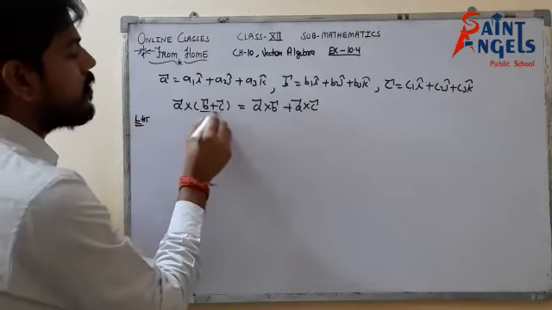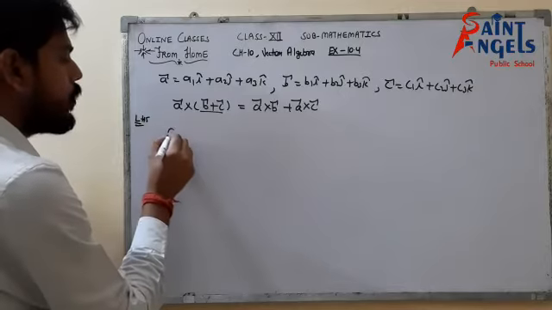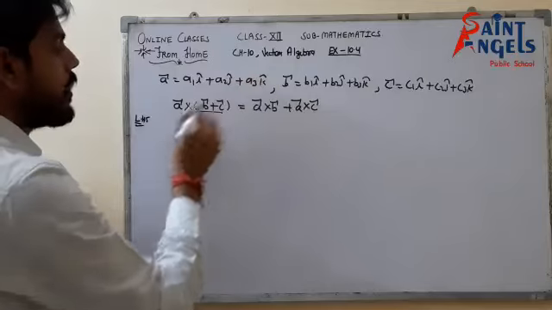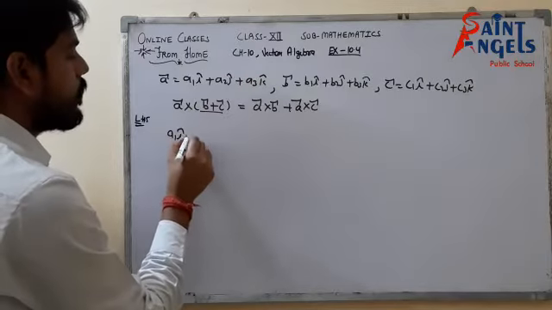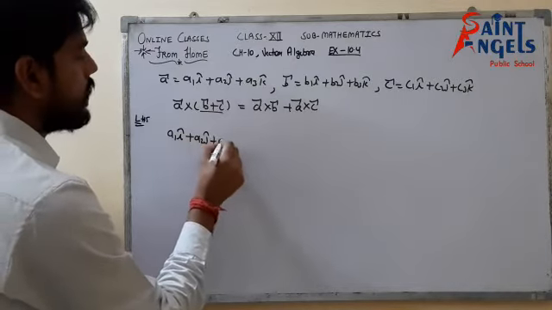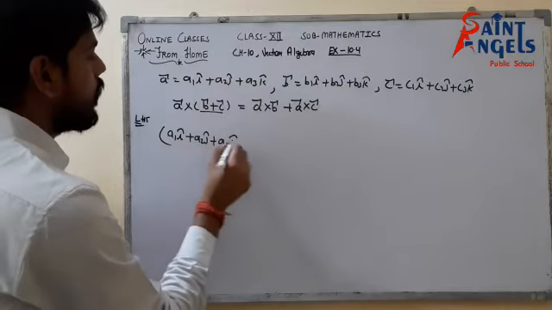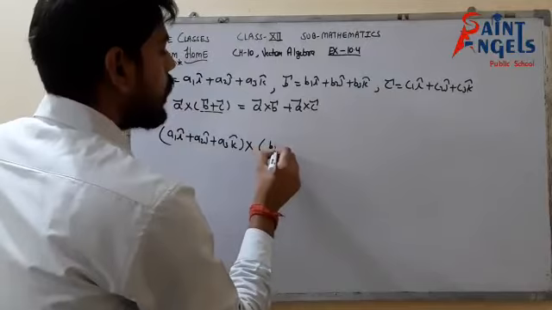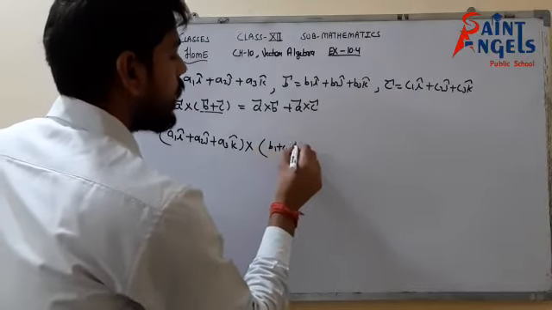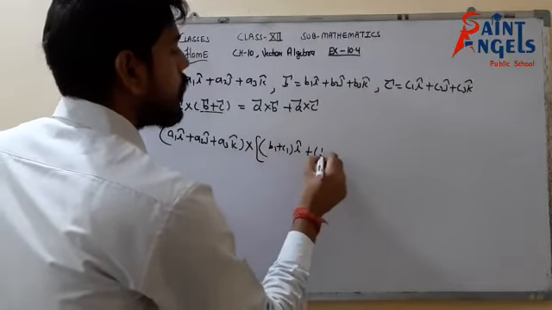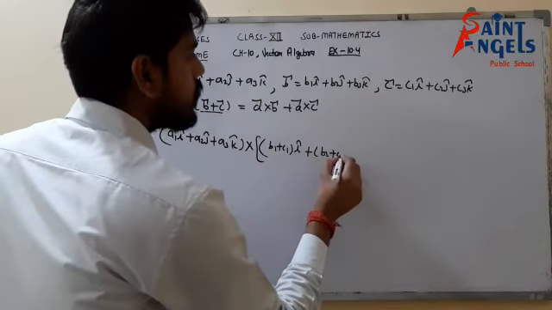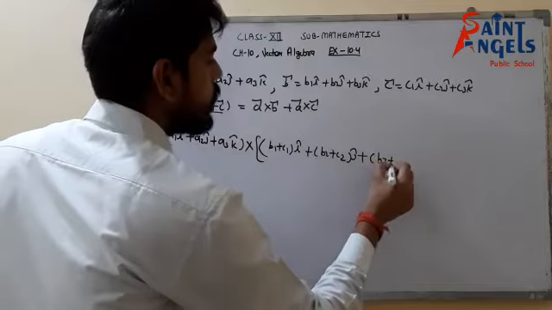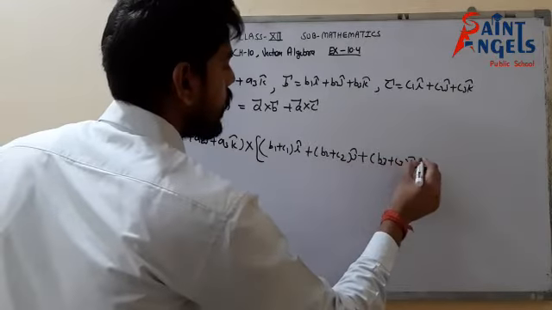First of all, we will find A cross (B plus C). The value of vector A is A1 i cap plus A2 j cap plus A3 k cap, cross B plus C. So B plus C would be (B1 plus C1) i cap, (B2 plus C2) j cap, plus (B3 plus C3) k cap.